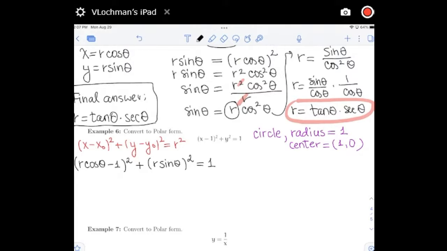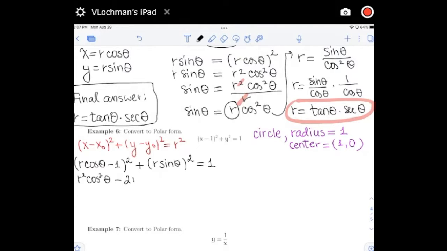Okay, so now we just need to carefully multiply this through, combine like terms, and solve for either r or r squared. Okay, well, all right, let's see. What do we get here? This is r squared cosine squared theta minus double of the product, right?